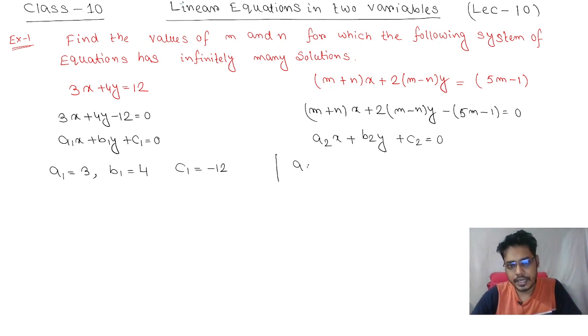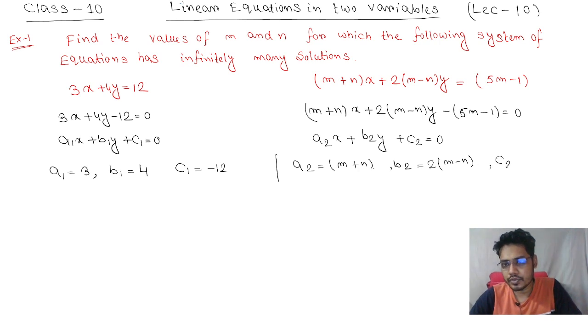Now here you get a2 is equal to m plus n, b2 is equal to 2 into (m minus n), and c2 is equal to minus of (5m minus 1).